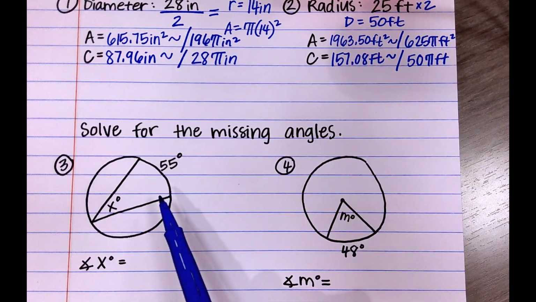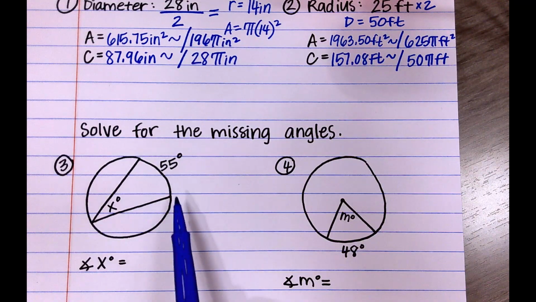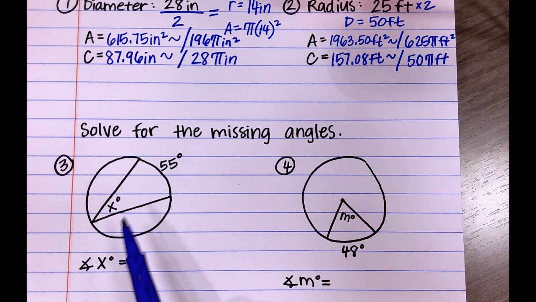So we know a few things about inscribed angles. That outer arc that is 55 degrees has a relation to this angle x.